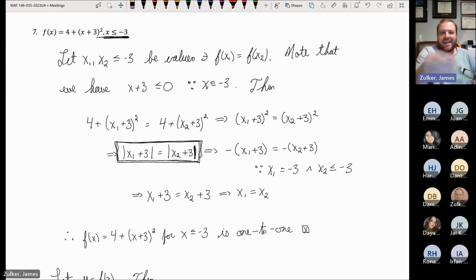Right. So that condition locks them to both having to be negative, which now means, of course, you'll get that they have to be the same value.